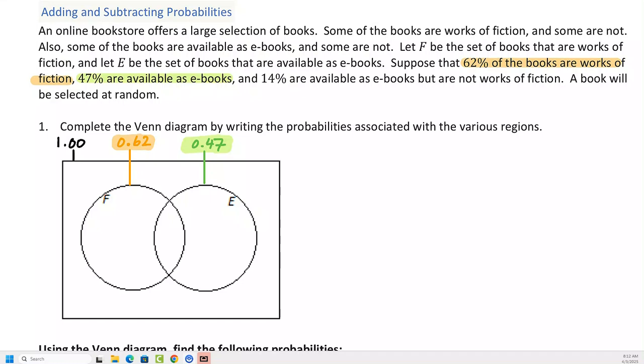And then there's one more piece of information, that 14% of the books are available as ebooks, but not works of fiction. So where is that in the graph? That's going to be most of the circle E, but they're not works of fiction, so it's not where it intersects with the F circle, books of fiction. So this is 14%, which is 0.14.